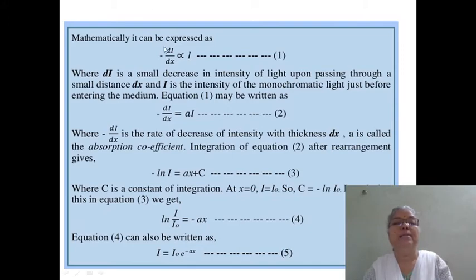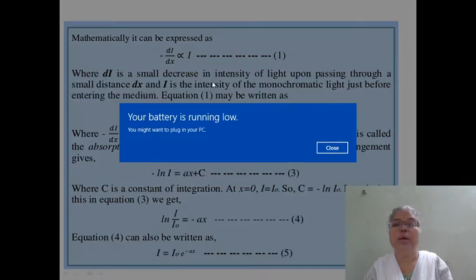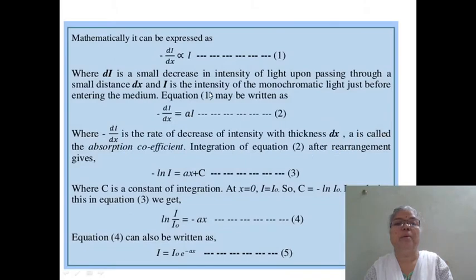This is the mathematical expression of Lambert's law: minus dI by dx, the rate of decrease of intensity of incident radiation, is proportional to the intensity. Then we can write this equation as minus dI by dx equals A into I, where A is a proportionality constant.